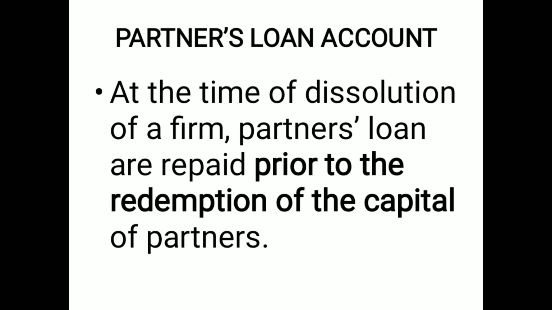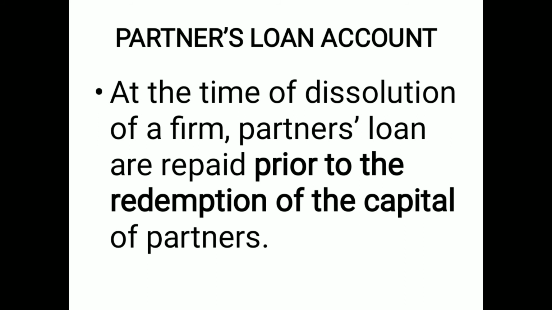It says, at the time of dissolution of a firm, partners' loans are repaid prior to the redemption of the capital of partners. If you remember, we have understood this point in the previous lecture itself. The payment procedure consisted of 5 to 6 points, if I am not wrong.